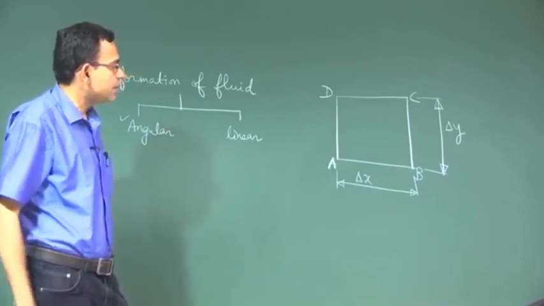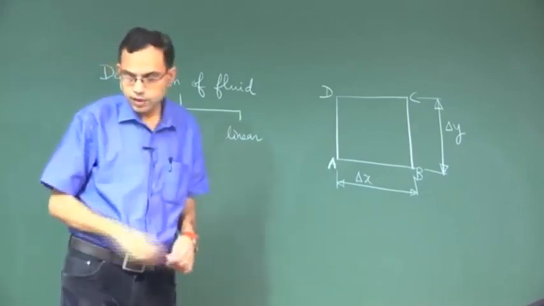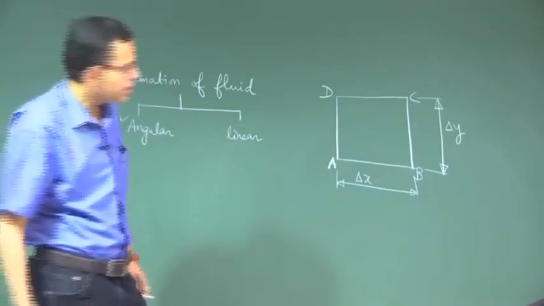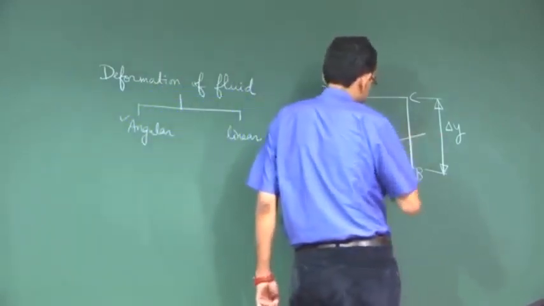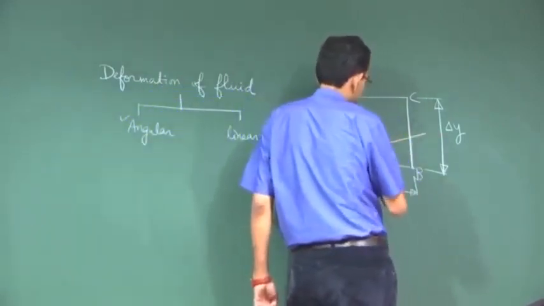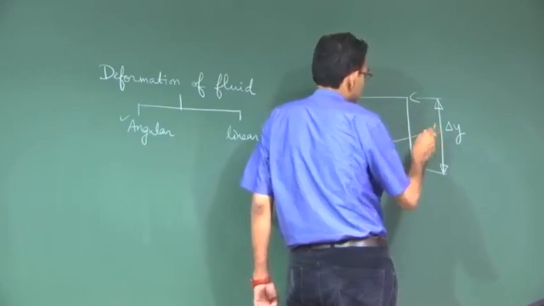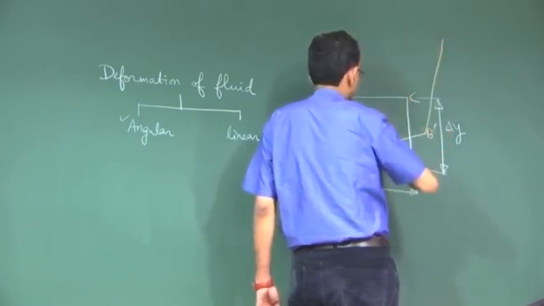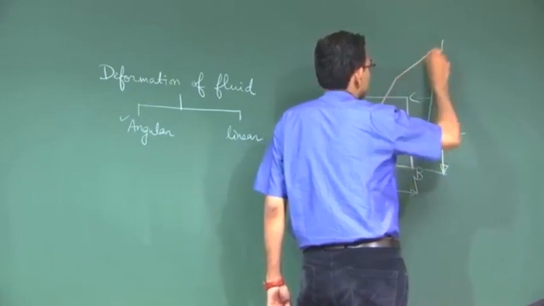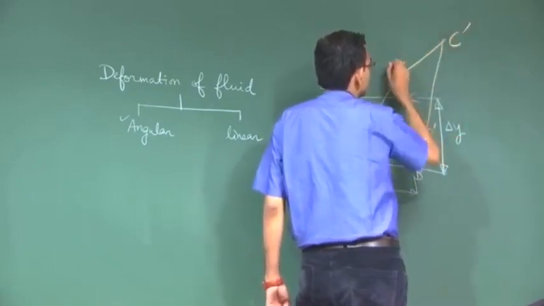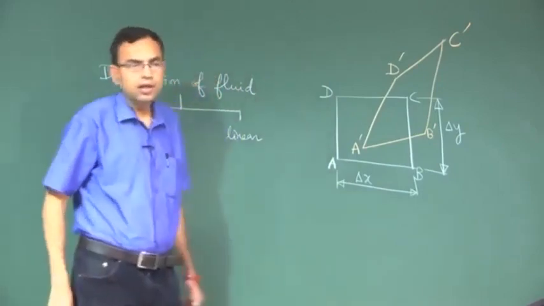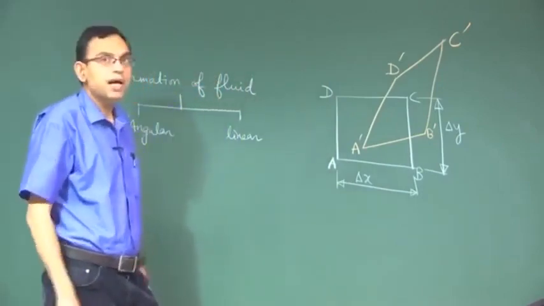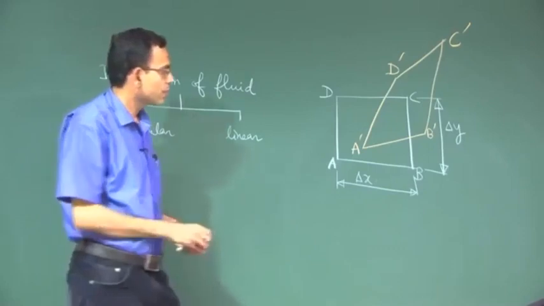it has dimensions like this. Now, after a small time interval delta t, it gets arbitrarily deformed and becomes A prime, B prime, C prime, D prime.